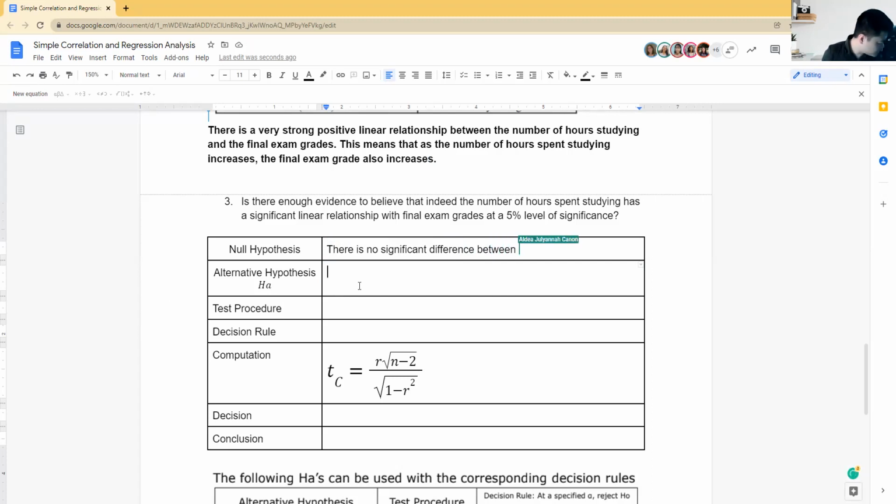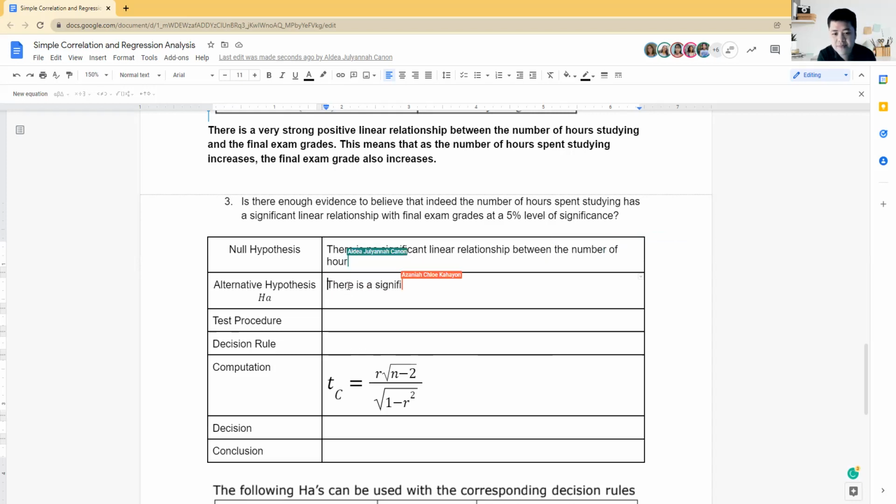Okay. So we'll be using rho. Sige, Azania. Chloe, you can start typing na for the alternative. So while they're typing, sige, hintayin pala natin.